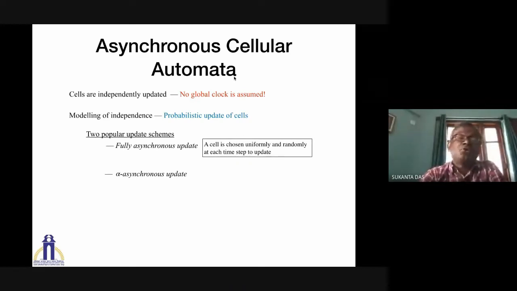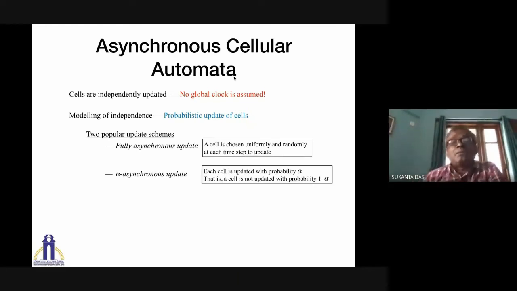That's the important thing. Now, in alpha-asynchronous update, each cell is updated with probability alpha. It implies, obviously, that a cell is not updated with probability 1 minus alpha.